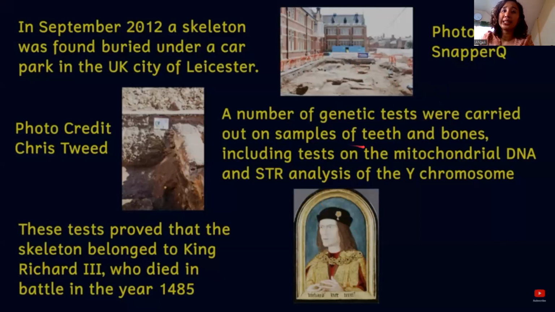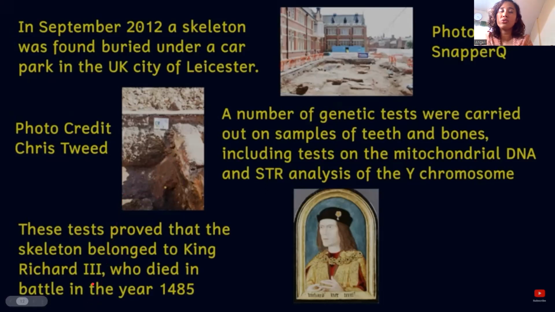They performed genetic tests on the teeth, bone, and mitochondrial DNA, and short tandem repeat analysis of the Y chromosome. And through that DNA fingerprinting, they found out, perhaps by comparing it to the relatives of King Richard III, that the skeleton was his.